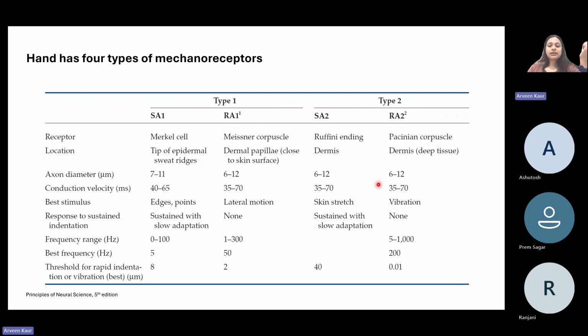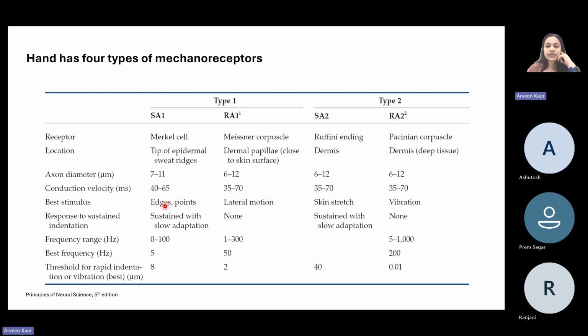So these are the four types of mechanoreceptors. The Merkel cells are located at the tip of the epidermis, at the sweat ridges. The axon diameter is around 7 to 11. Conduction velocity is highest over here, 40 to 65.